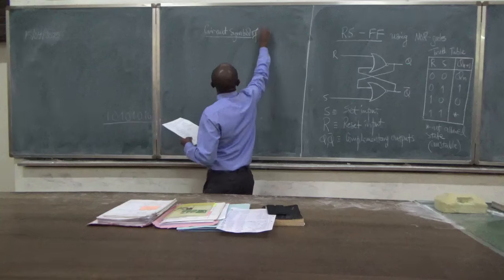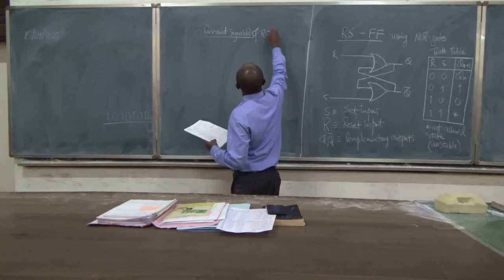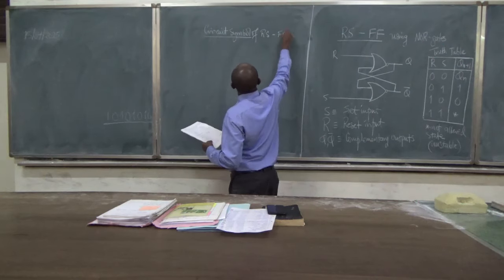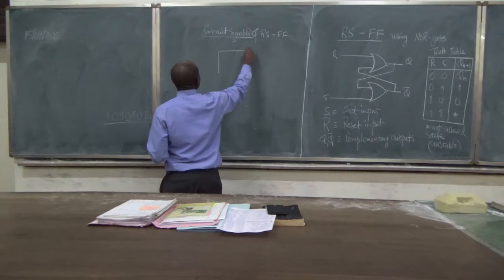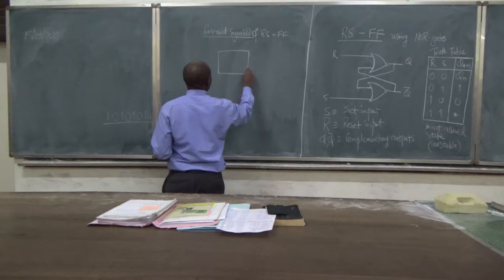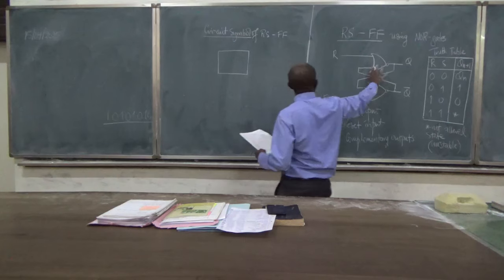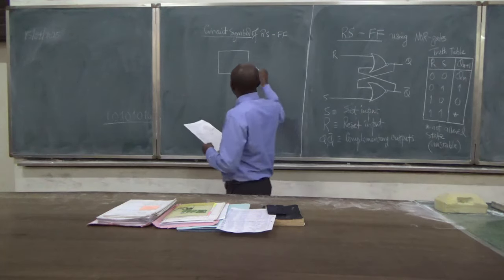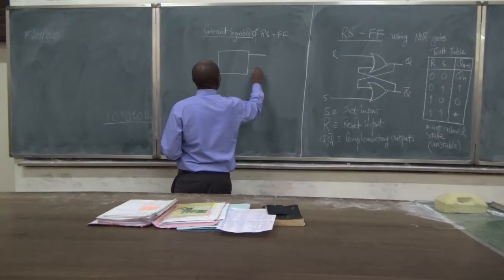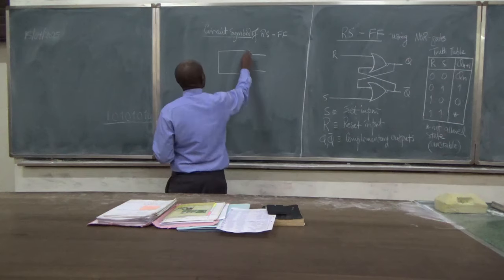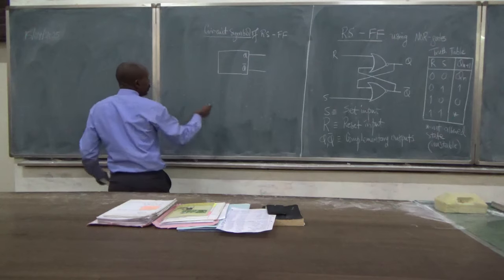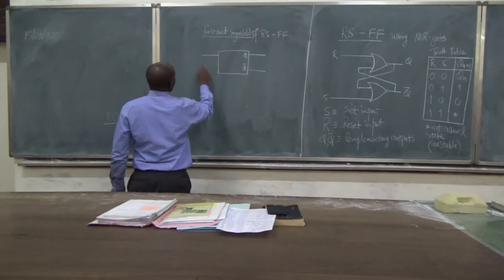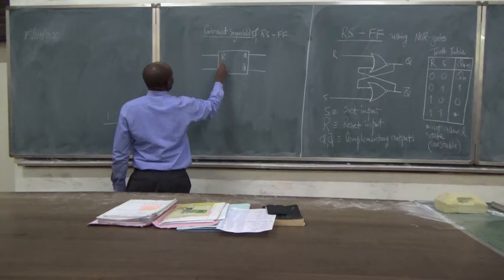We draw a box. All those components here, we put them in a box. We have the outputs as Q and the complementary output Q bar. And then we have the inputs as reset and set.